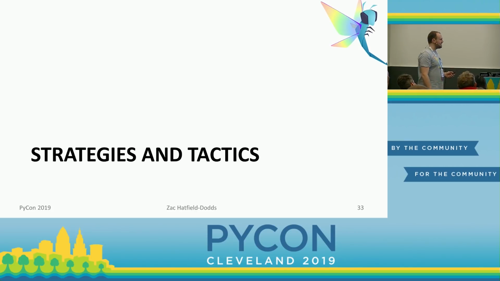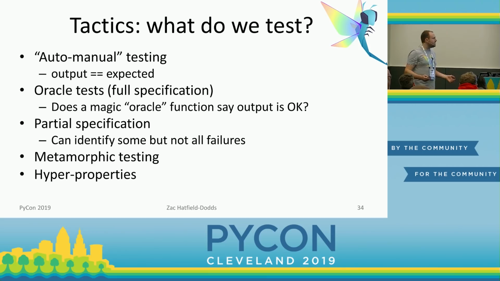All right, tactics then. This is the bit that people always ask about. Like, you have this library, what do I do with it? So I've spoken about manual testing, where you check that the output is exactly what you expected. This is great, but obviously hard to deal with in Hypothesis. There are tests with an oracle function, where you go into the cave and you're like, is this list sorted?